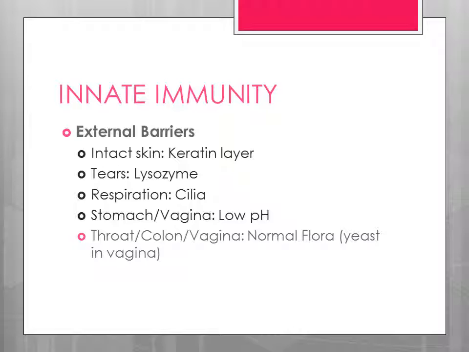And then in your throat and your colon or vagina, you have normal flora. Now, this one you want to be very careful with, because once you become immunocompromised, if you have an HIV patient or a patient on chemo, their healthy bacteria or their normal flora can actually overtake their system, and they can become harmful and less beneficial.